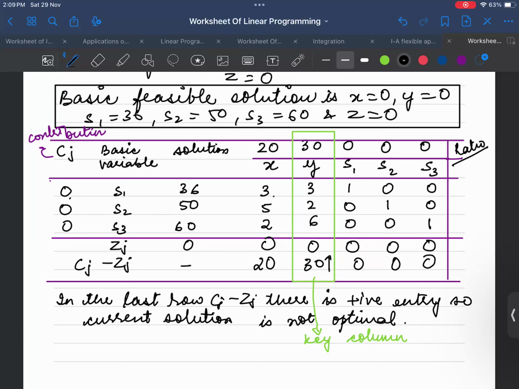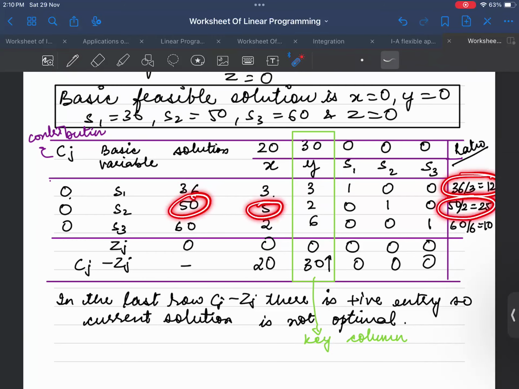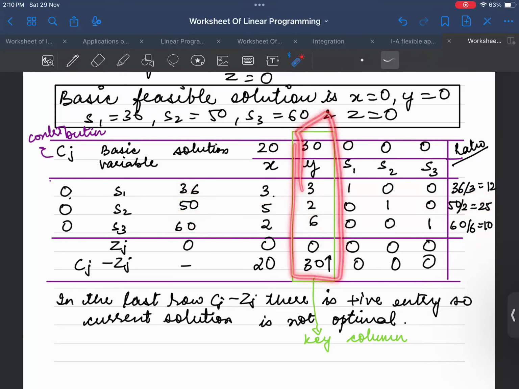Ratio column, what do we say? 36 divided by 3, the value of the key column, comes out to be 12. 50 divided by 2, 25. 60 divided by 6 comes out to be 10. I have done 36 divided by 3 is 12, 50 divided by 2 is 25, 60 divided by 6 is 10, because we have to consider the key column. Clear?